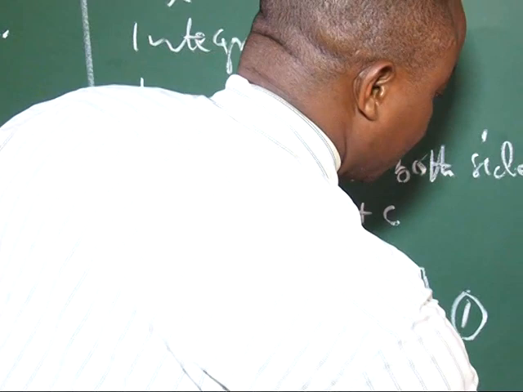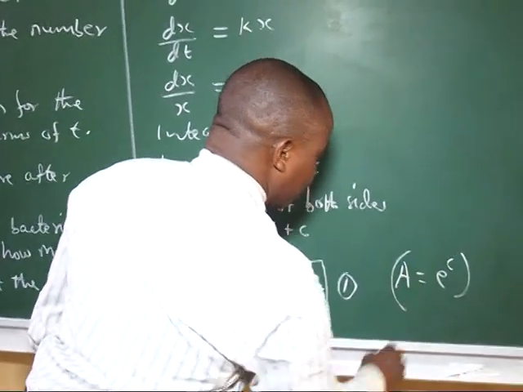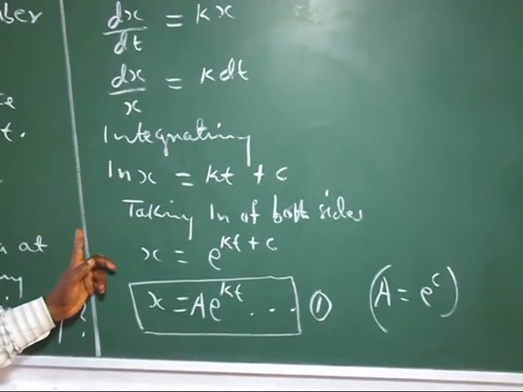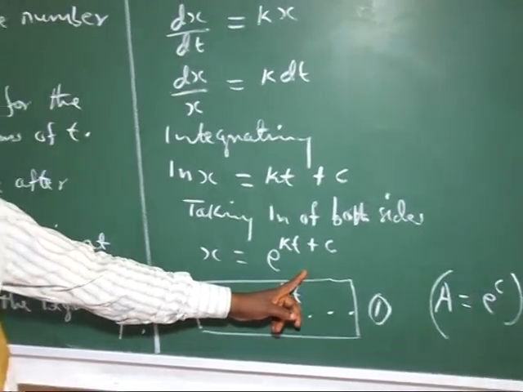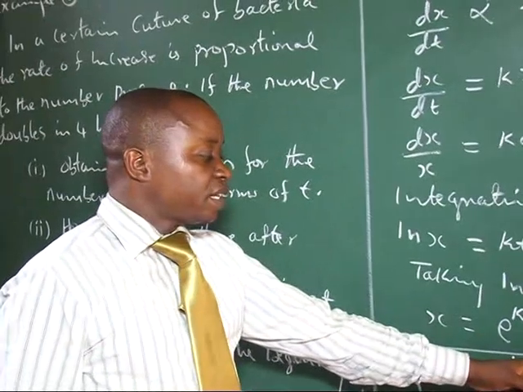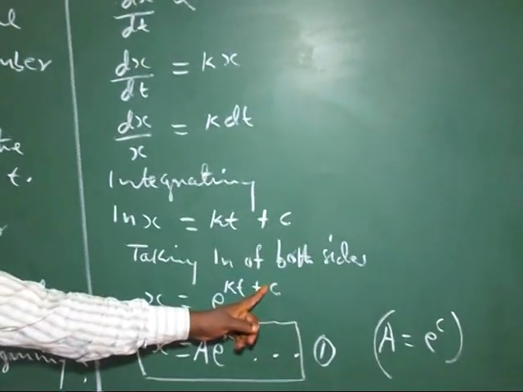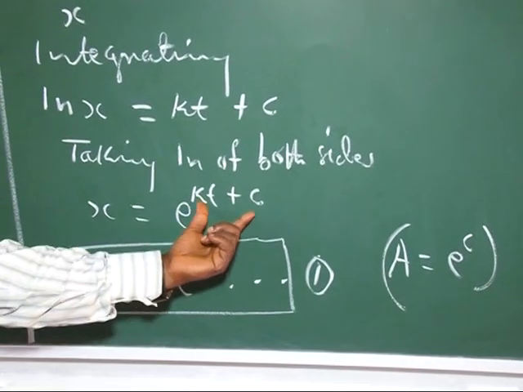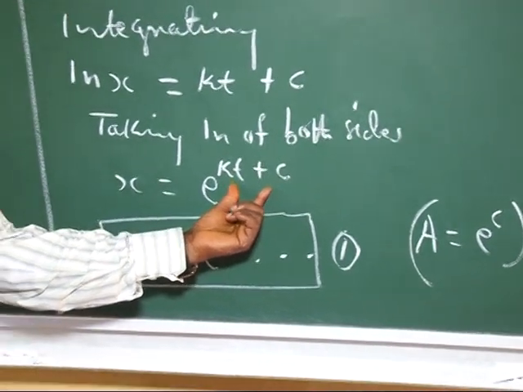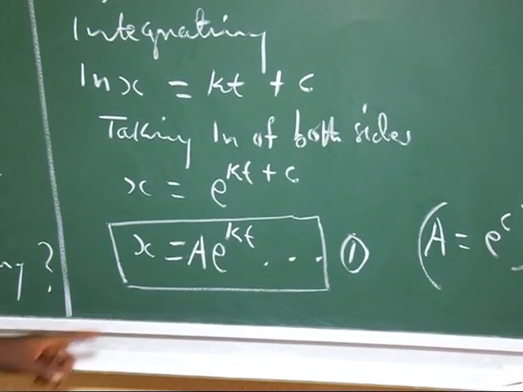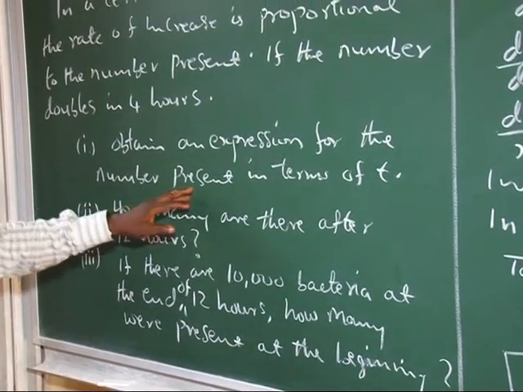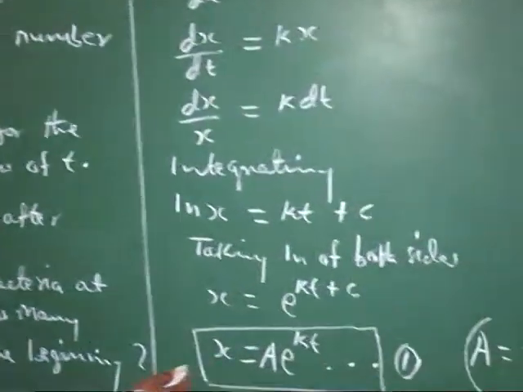Recall that A is the same as exponential raised to C. Like I told you in the other example, I can write it as exponential raised to C, so by the law of indices, I can also act like this. That's why I write it in this form. Now, this answers question 1. We're able to obtain an expression for the number present at any time t.